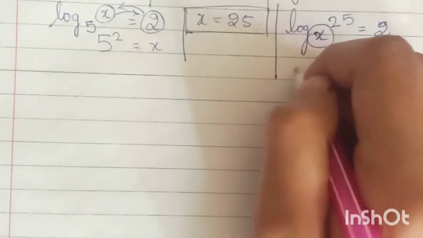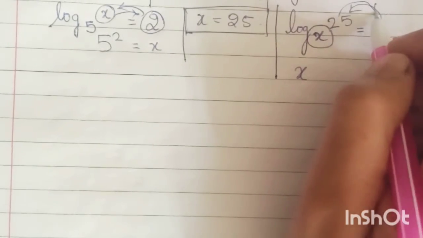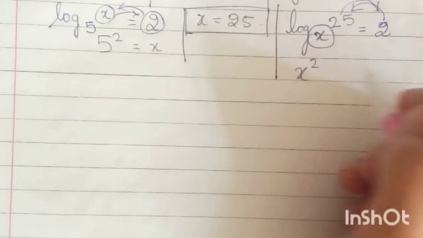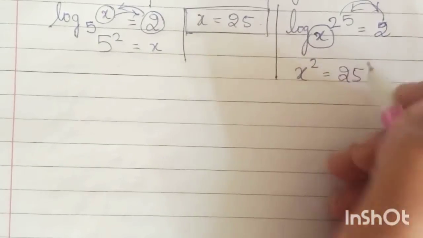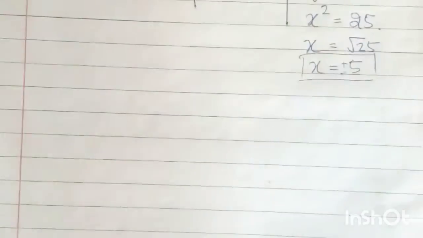The base will be the same, this will come this side and this goes this side, right? So this comes here and this 25 goes that side. Now what will x be? x will be root of 25, which is 5, plus or minus 5, but you take only the positive value here.